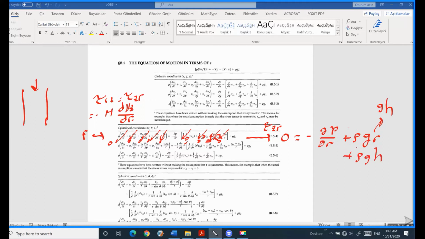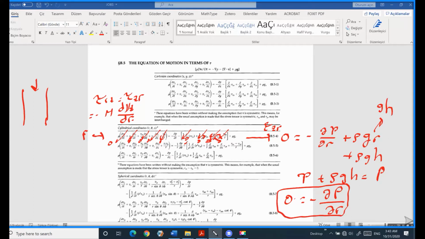Then we can combine these two terms: the pressure plus rho g h is going to be big P. So we can write this equation as minus the partial derivative of big P with respect to r. This result is in the r direction.